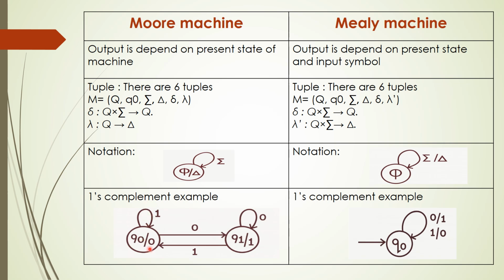So I move with input symbol 1 to the Q0 state because output is 0. But on the same state, if the input symbol is 0, you have to generate output 1 because it is a complement. So you move this transition to the Q1 state because the associated output is 1.